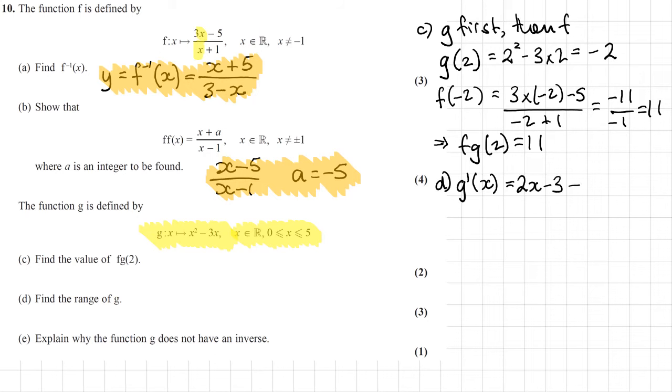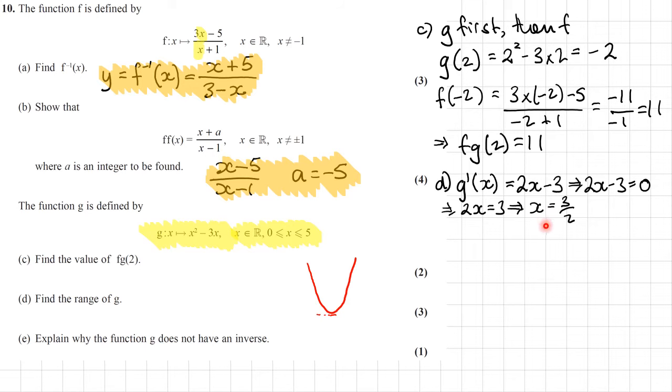The minimum is going to be when 2x minus 3 is equal to 0. So that will be 2x equal to 3, and that occurs when x is equal to 3 over 2, or 1.5. So the lowest point that this quadratic goes down to is at an x value of 3 over 2.